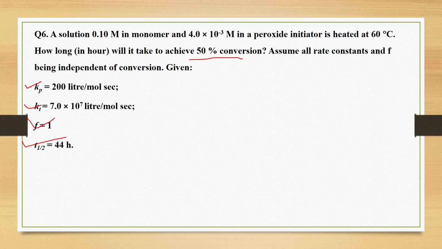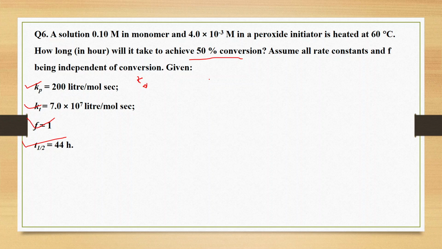You have one rate constant that is not given, that you can calculate, that is Kd, just like the previous one, and then you have to solve it. How long, in hours, will be taken. You can also again take the help of the slide, because you will require a big equation.